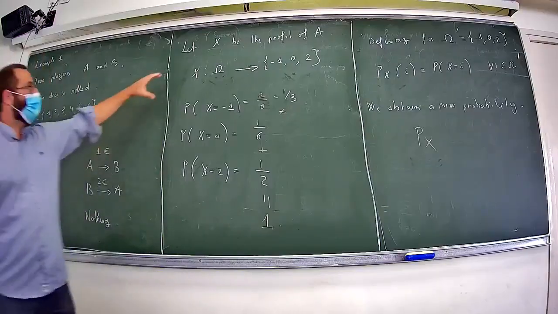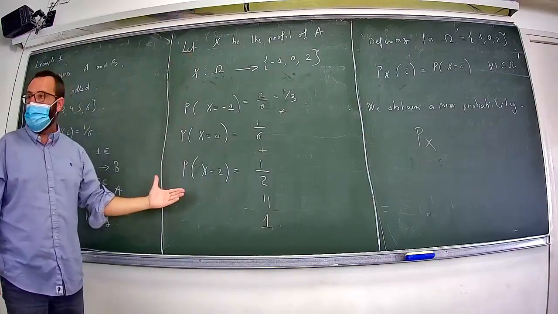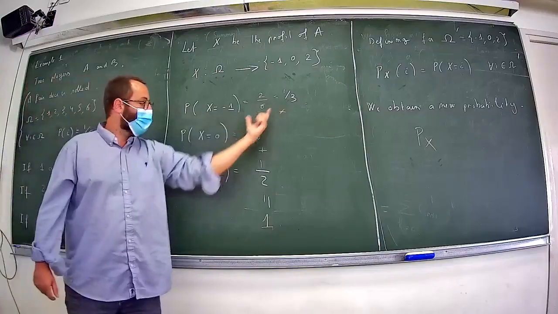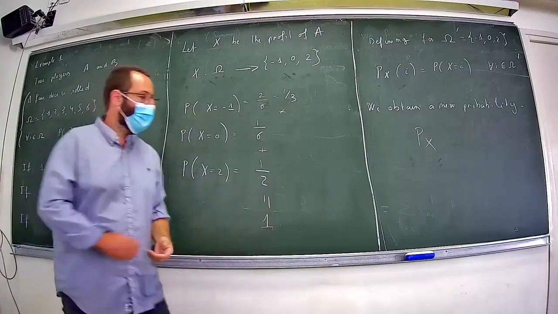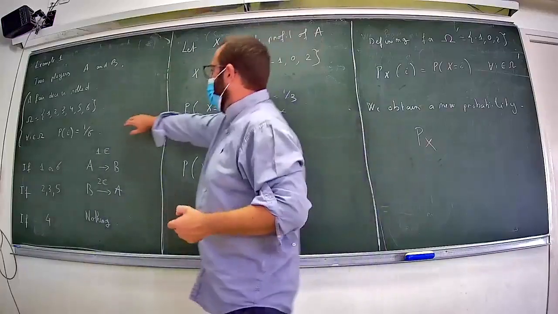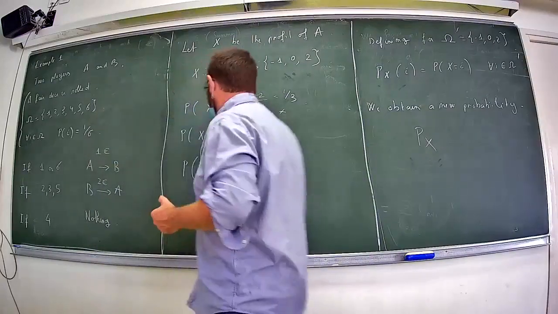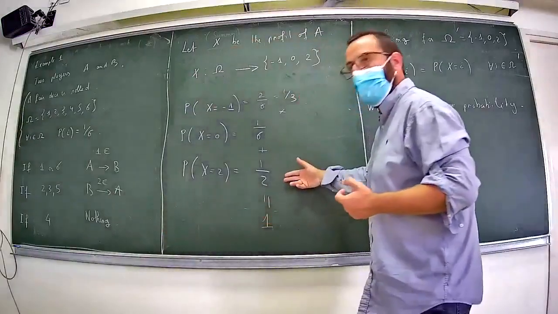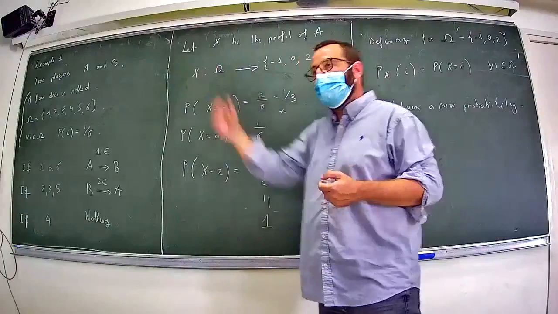I just say that here I define capital X, the profit. I compute these probabilities. I remark that when I do the sum of these 3 terms, I obtain 1. And I see that from my initial random experiment, that is rolling a dice, I can define a new probability on this set here, the set of the possible profit.